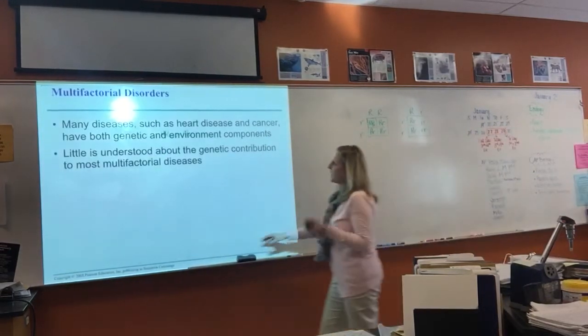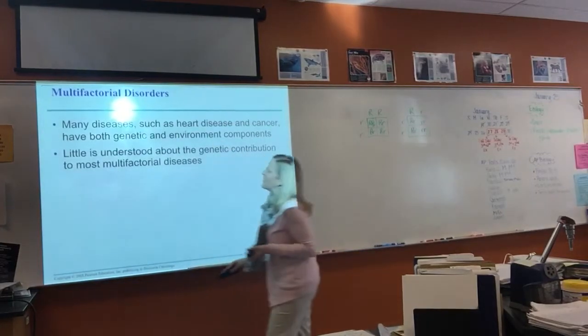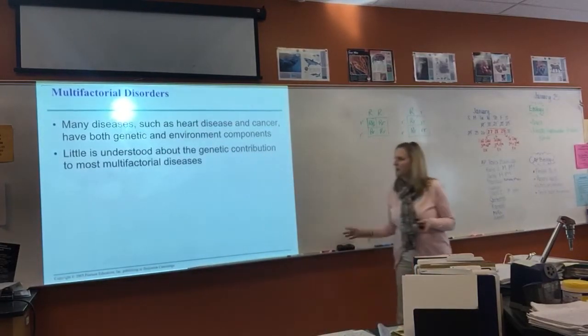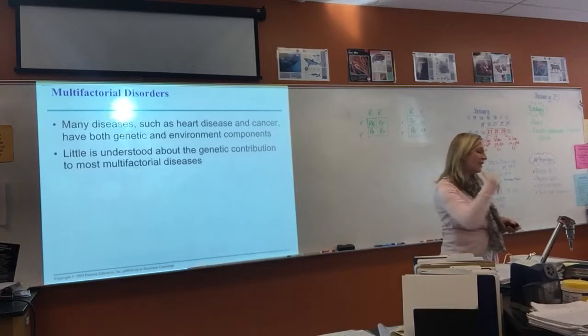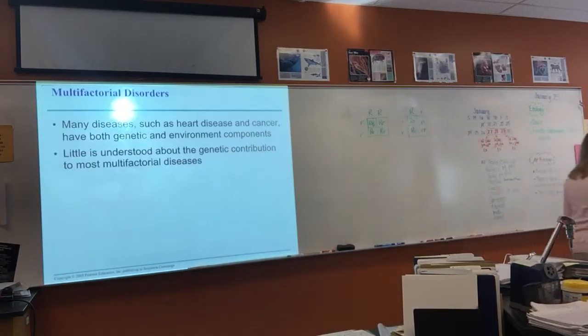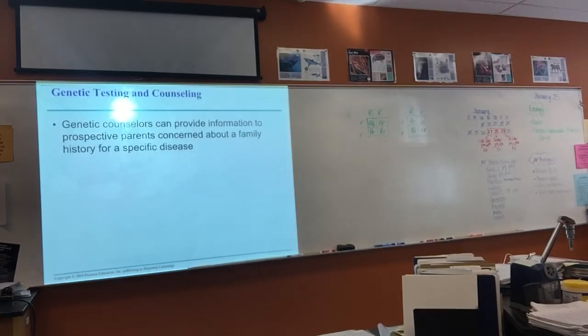All right. I've already talked a little bit about this, how lots of diseases are multifactorial, meaning many factors, things that go into its expression. So heart disease I talked about, cancer, have both genetic and environmental components. And so they're still looking at a lot of what's genetic versus what's environment and what plays a role in the expression of these genes.